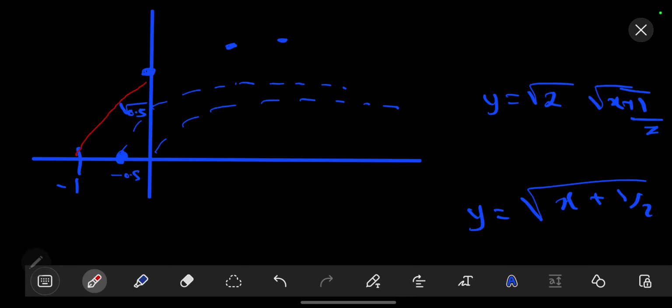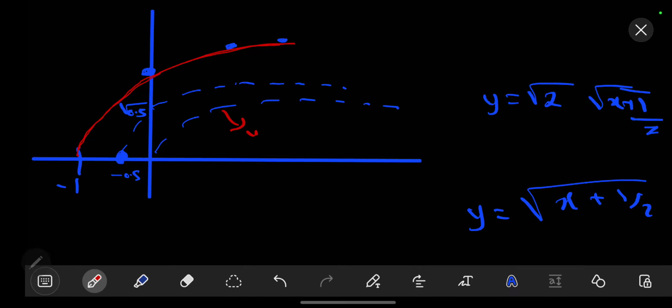So we have a graph like that. Let me just connect them properly. Okay, so this is our graph. So we can just label them.